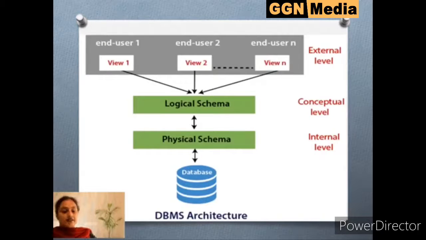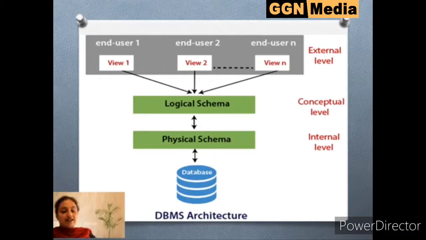This slide describes the overall DBMS architecture, and the complete architecture is divided into 3 layers. First is external level, which has n number of external views corresponding to n number of end users.